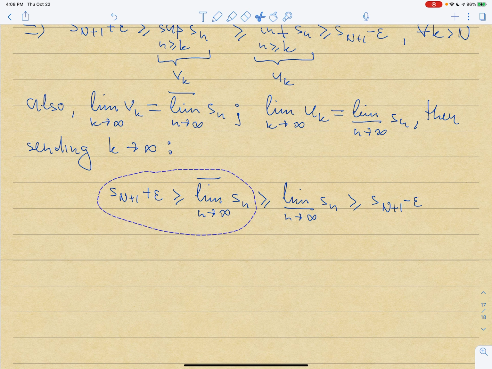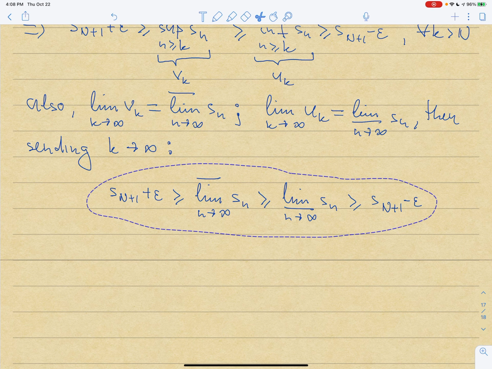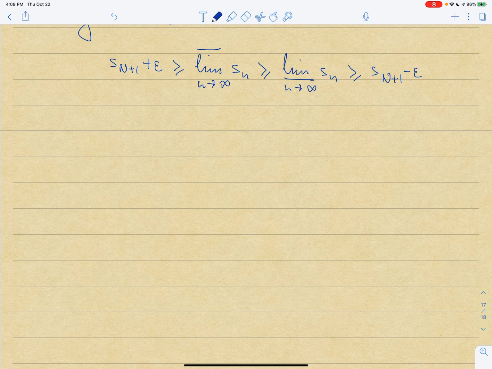And the only reason why I chose capital N plus 1 was that it made m larger than capital M. Well, but if I make m equal to capital N plus 2, same thing should work. If I make it capital N plus 3, the same set of inequalities can be established again. So now letting m be equal to N plus 2, N plus 3, etc.